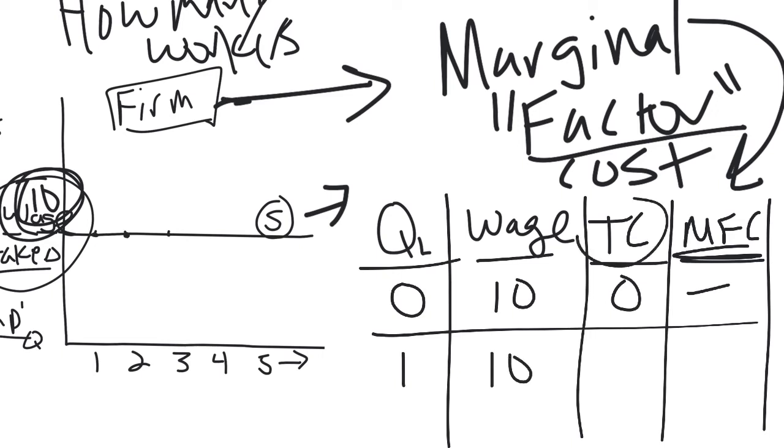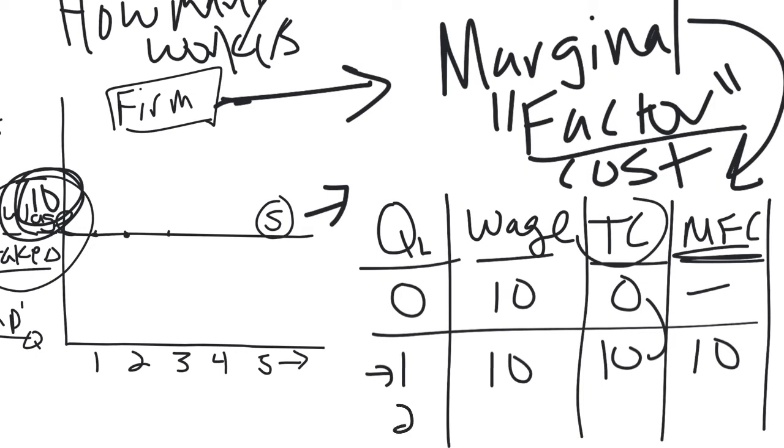Let's say this is the only thing that is their total cost, so then their total cost is 10. So the marginal factor cost is how much did that factor of production increase their cost by? Well, this factor of production increased their cost from 0 to 10, so that one was 10. Correct?